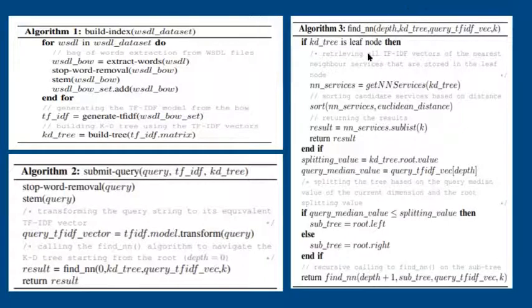The KD find function will retrieve the n most resembling or relevant services. So it's a recursive function. It will traverse the tree. It will keep going into the depth of the tree until it reaches the leaf node. And once it reaches there, it will give all the nearest neighbor services that were stored in the leaf node.